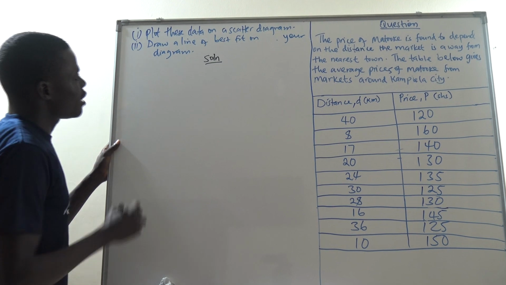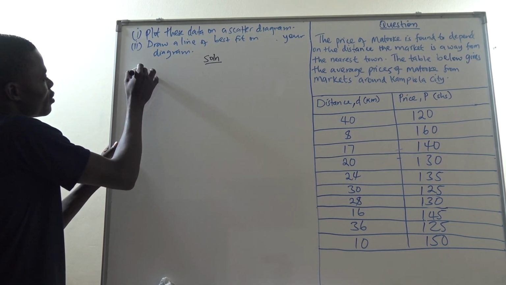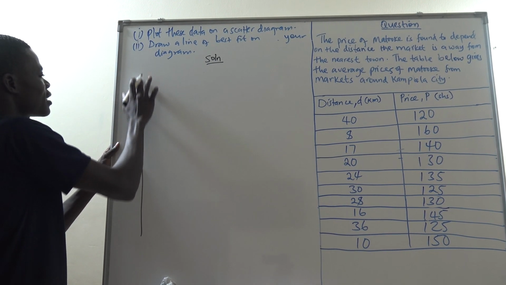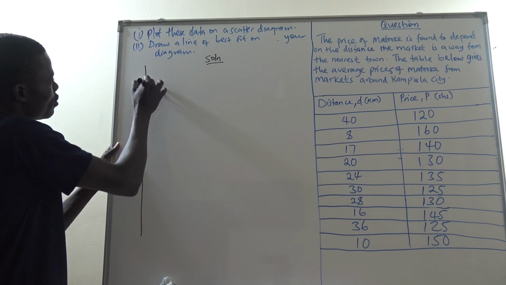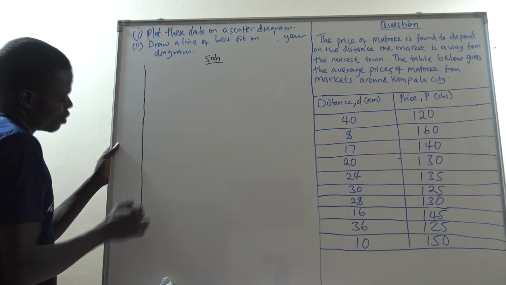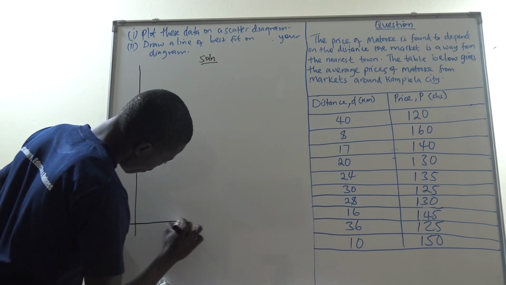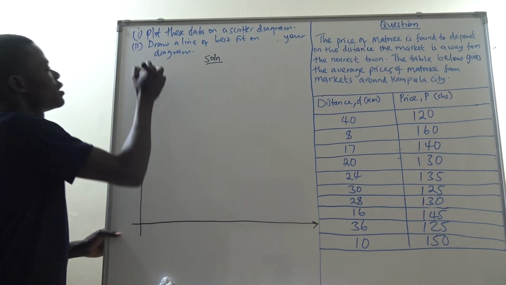since a scatter diagram is a graph, we shall have what we call axes, that is the vertical axis and the horizontal axis.